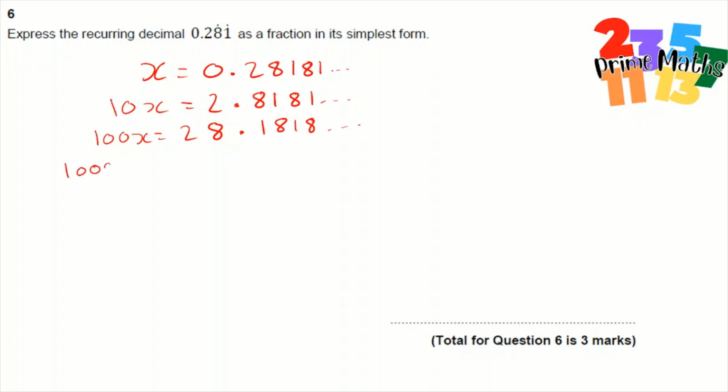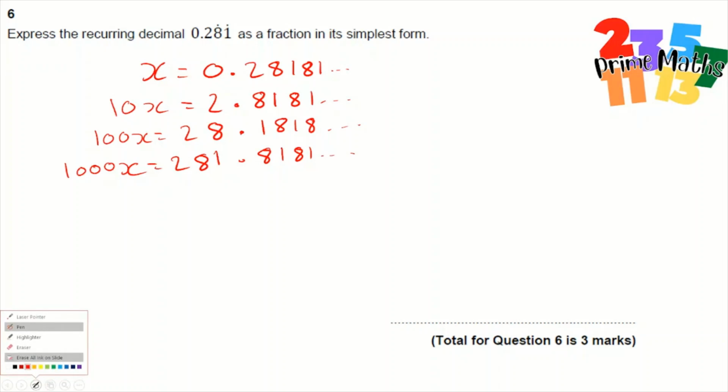And 1000x is 281.8181. What we're looking for is two numbers where our decimal places line up. Our decimal places line up at 10x and at 1000x. They are the same, they both go 8181, reoccurring.